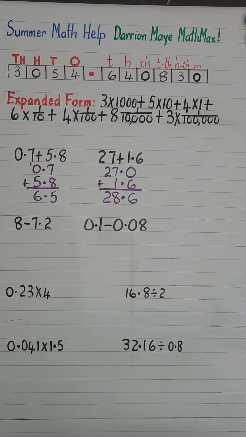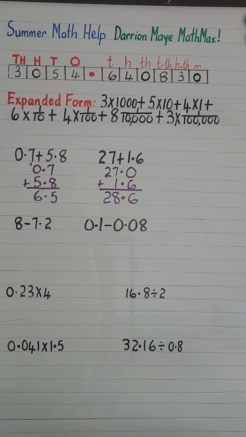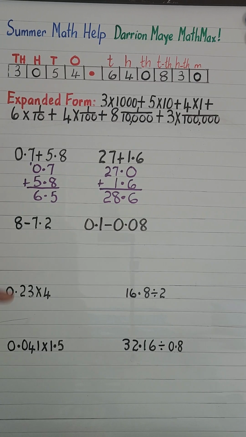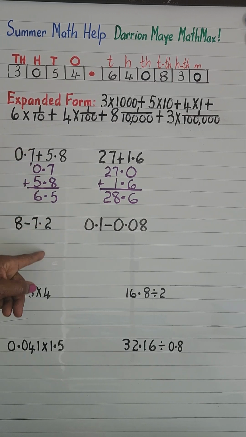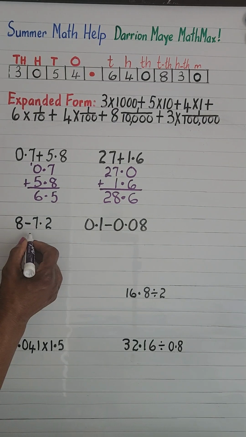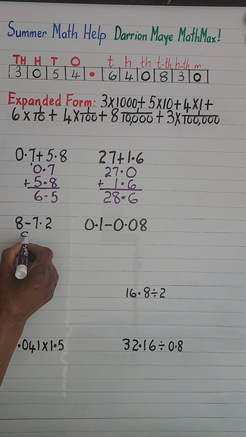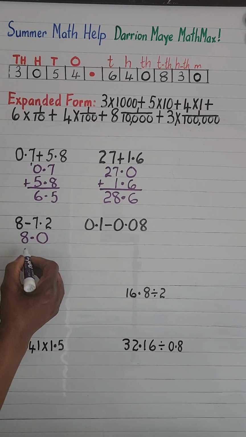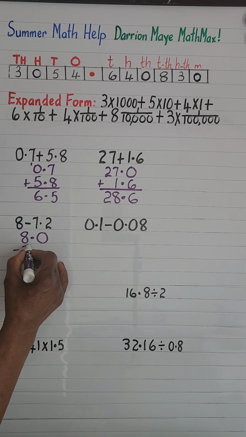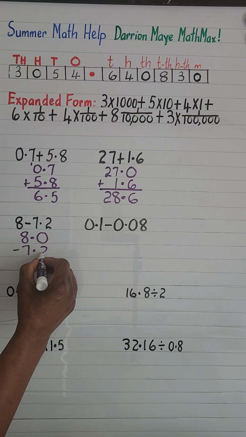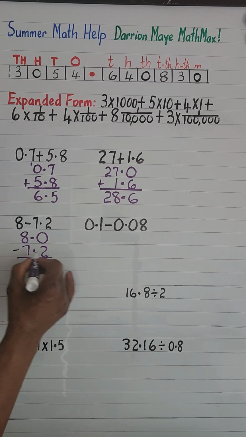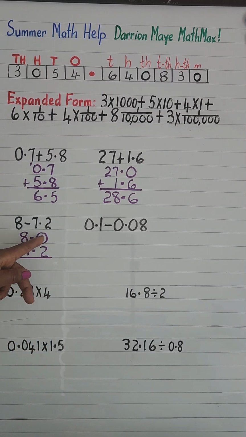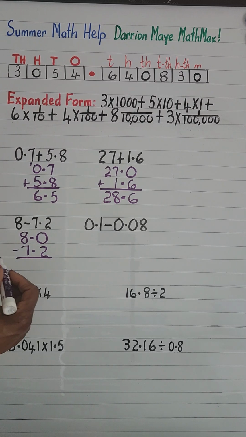And let's continue with subtracting decimals. We do the same as we would do when we're adding. We line up the numbers so that the decimal points line up. So here we have 8, and we could put a point, put a 0. And we subtract 7.2. 0 take away 2, we can't.